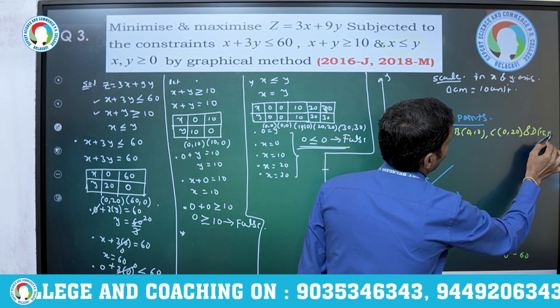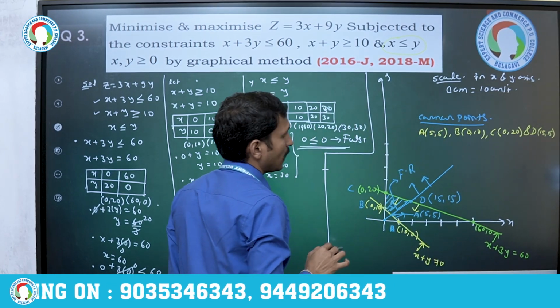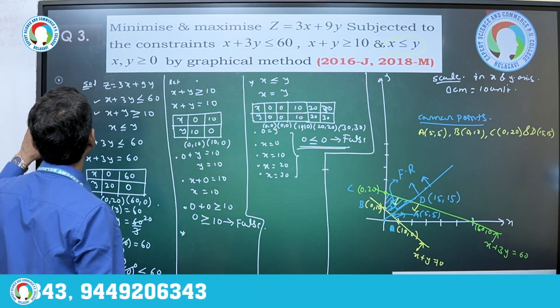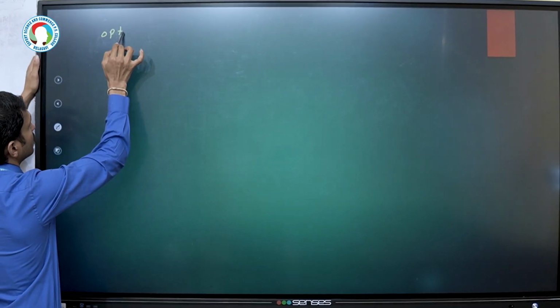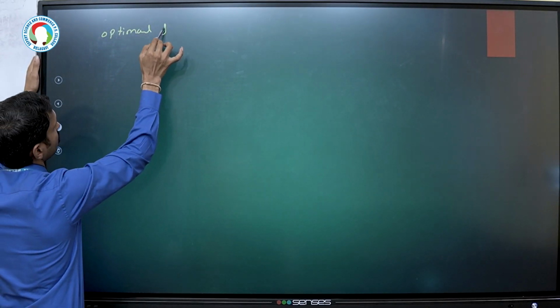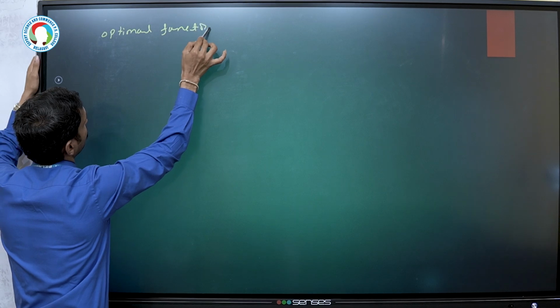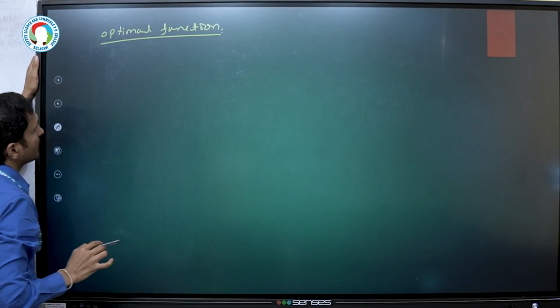After getting these corner points, we want to write the optimal function. What is the optimal function?